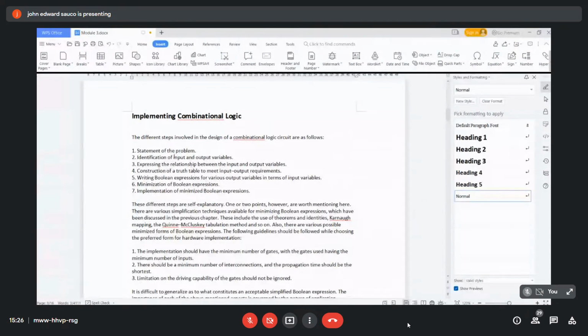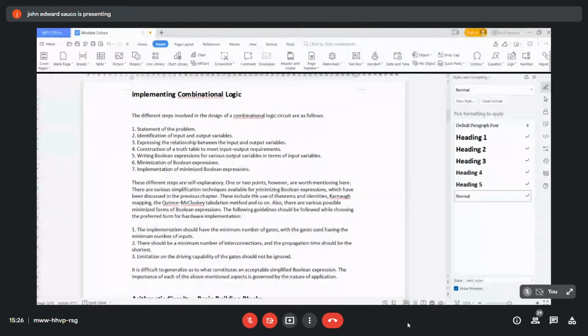So, implementing combinational logic. Ito ay self-explanatory. Siyempre, kapag nag-design ka, state the problem, identify the inputs and outputs, express the relationship, extract the truth table, write mo yung Boolean expression, tapos minimization of the Boolean expression. So, dito is yung minimization pwede na Karnaugh map.